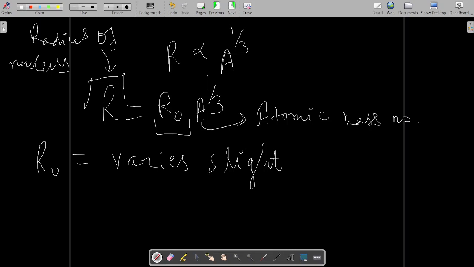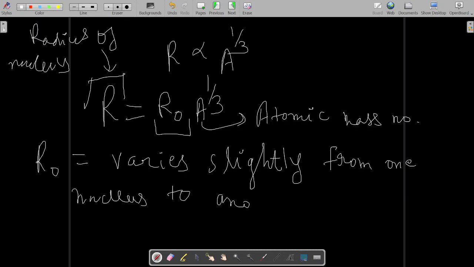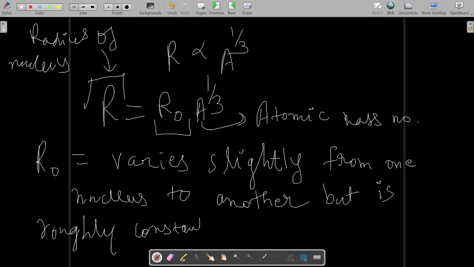Okay, so this R naught varies slightly from one nucleus to another, but is roughly constant for atomic mass number greater than 20.